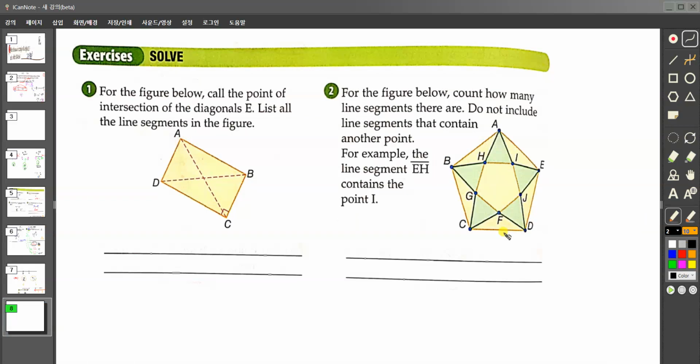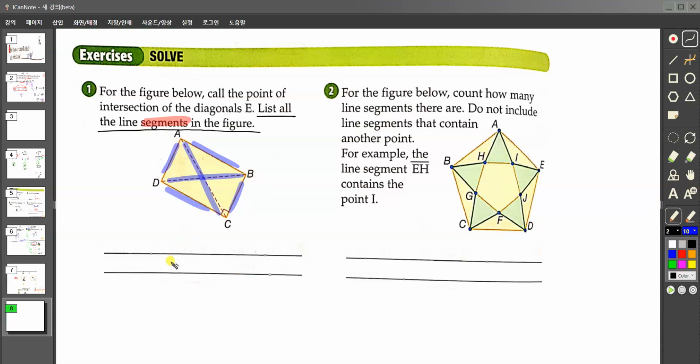Okay, good. The figure below has a point of intersection of the diagonals E. List all the line segments in the figure. How many segments can you see in this figure? 1, 2, 3, 4, 5, 6.